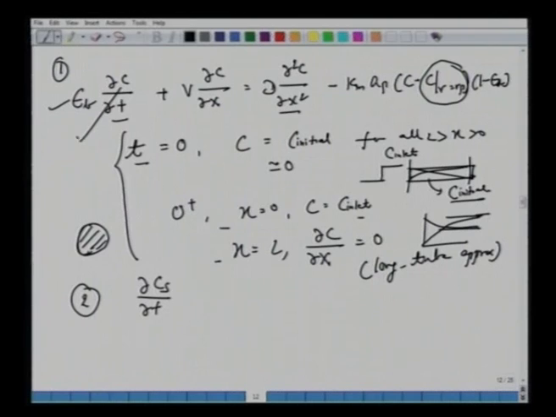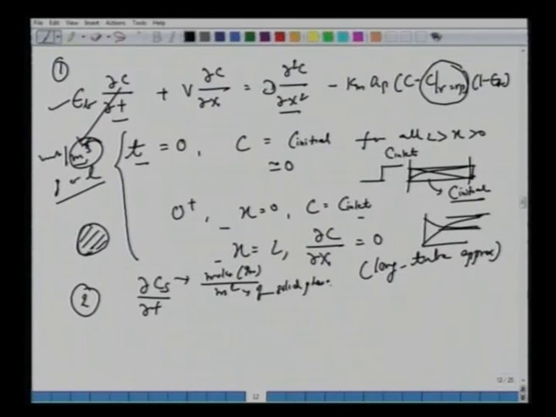This C is moles per cubic meter of gas or liquid. Here we are talking of C_s, moles, or this could be grams, per meter square of solid phase.